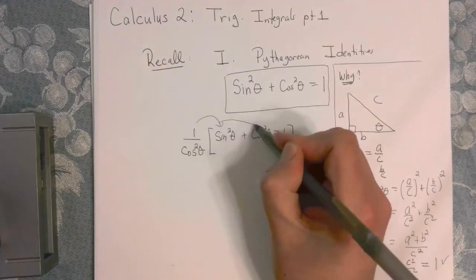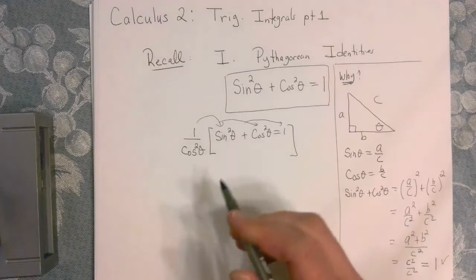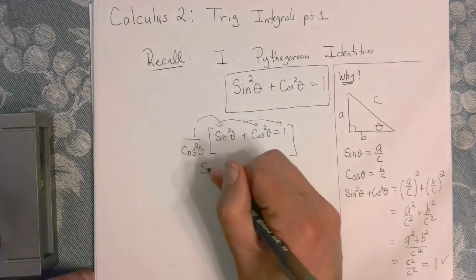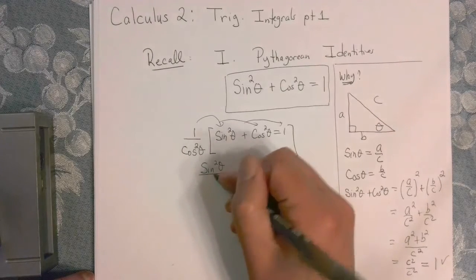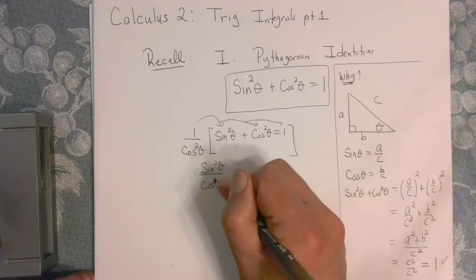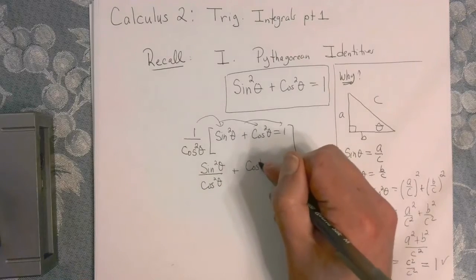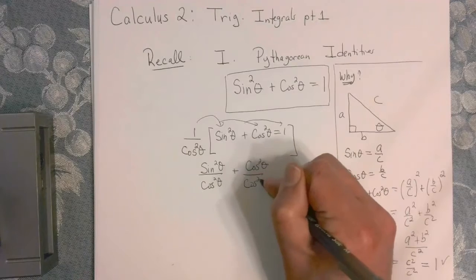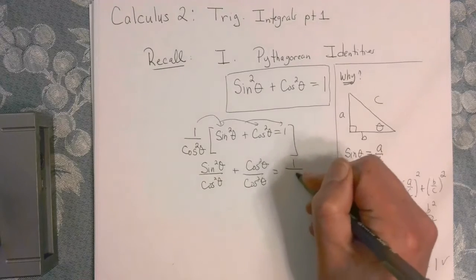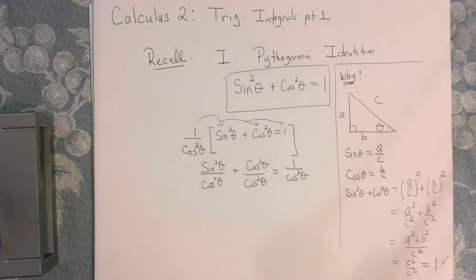And then, yeah, just go ahead and multiply through. Okay, so that's going to give me sine squared of theta over cosine squared of theta plus cosine squared of theta over itself equals 1 over cosine squared of theta.